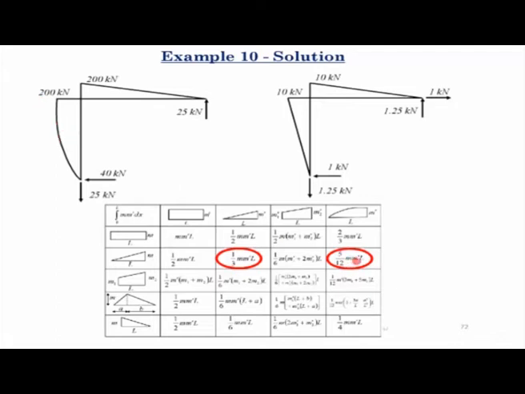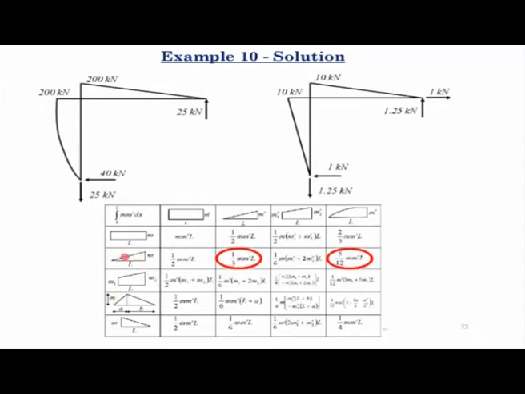It does not matter which one you assign as m and which one you assign as m dash, but this is the formula that you will be using for calculating the deformation due to the bending in the vertical member. For the horizontal member, both of them are triangular distribution, and the maximum value of those triangular distributions occurs at the same point.